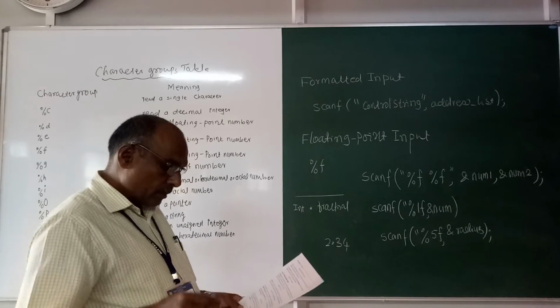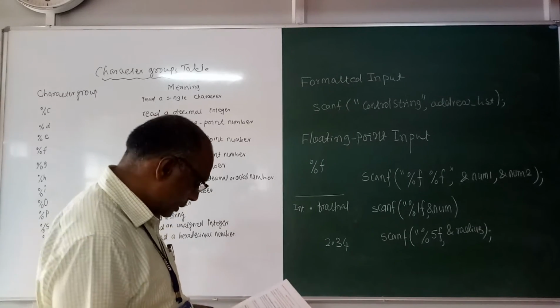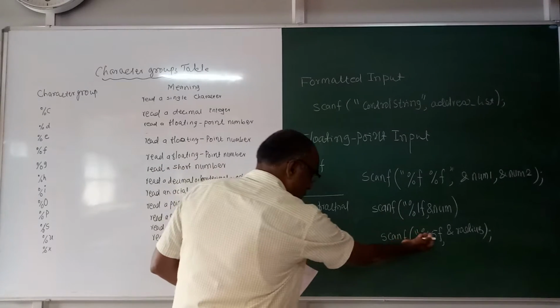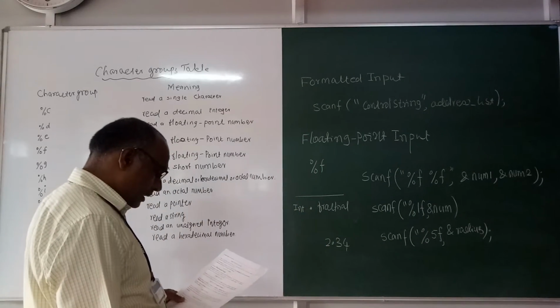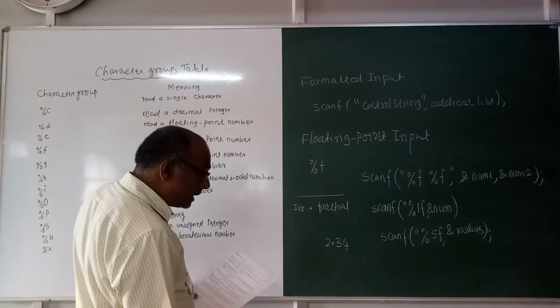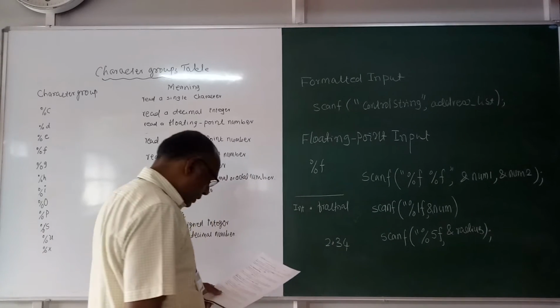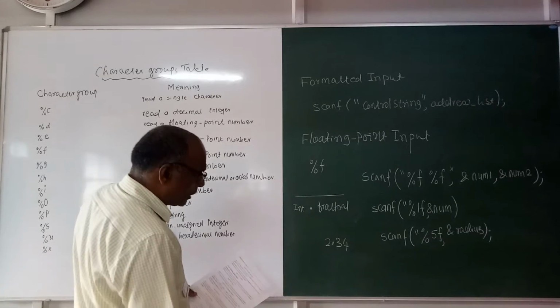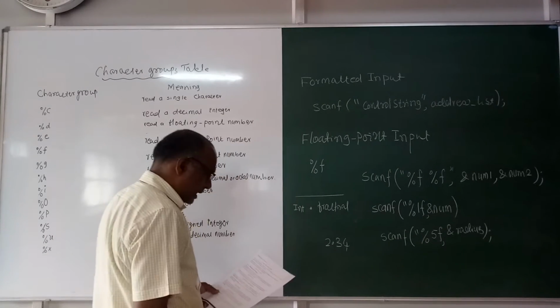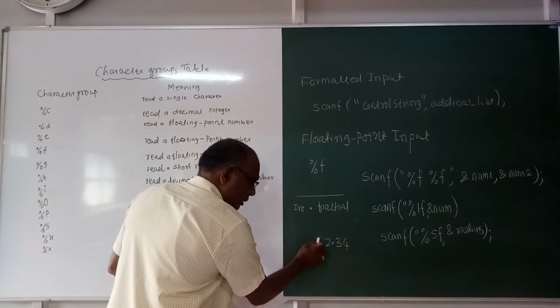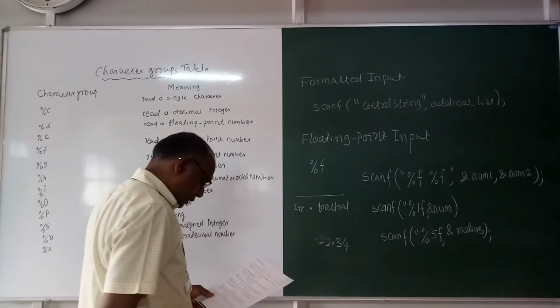This number contains only 4 characters including the decimal point, but the field specification is 5 as we write here. So the leading space is replaced by a blank space, that is, this leading side is replaced by blank space.